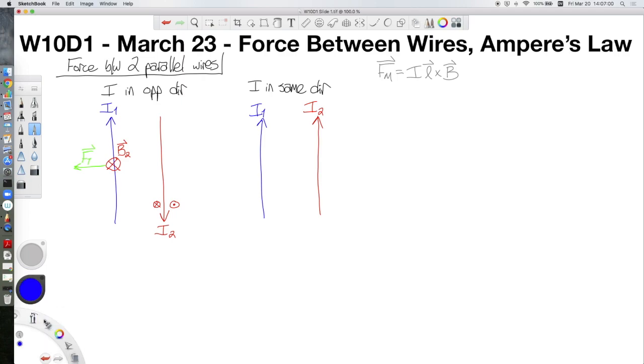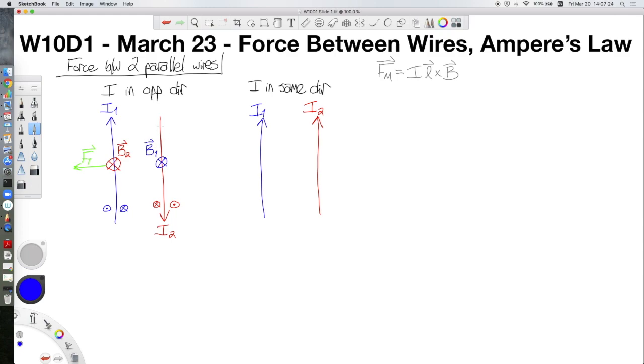Now we can do the same process in reverse for wire 2. The magnetic field wire 2 experiences will be caused by wire 1. And wire 1 will create a magnetic field out of the board on the left side of wire 1 and into the board on the right side of wire 1 from right-hand rule number 2, which means wire 2 is experiencing a magnetic field into the board caused by wire 1.